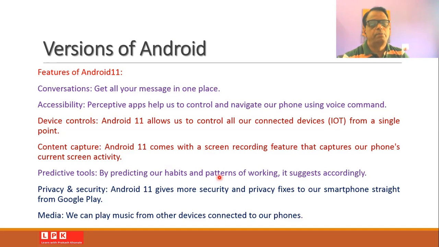It provides predictive tools by capturing our habits and patterns of working. It provides privacy and security, more security and privacy compared to earlier versions of the Android operating system. And it will also provide media support so that we can play music from other devices connected to our phone.